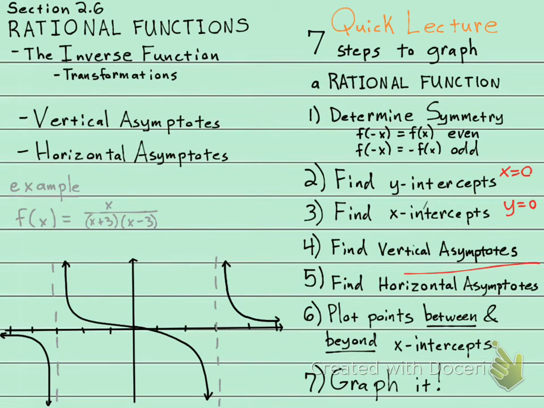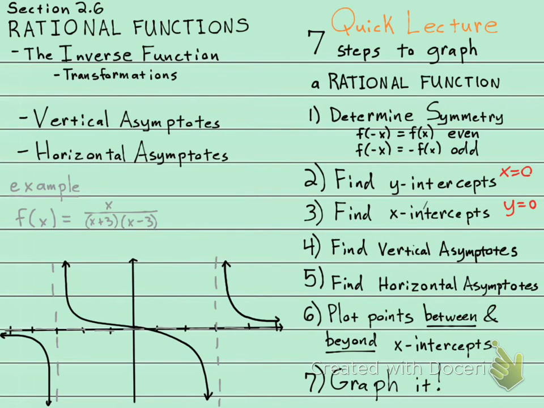These are my vertical asymptotes because they go up and down in the vertical direction. The horizontal asymptote is actually going to be right here on the x-axis, at y equals 0.